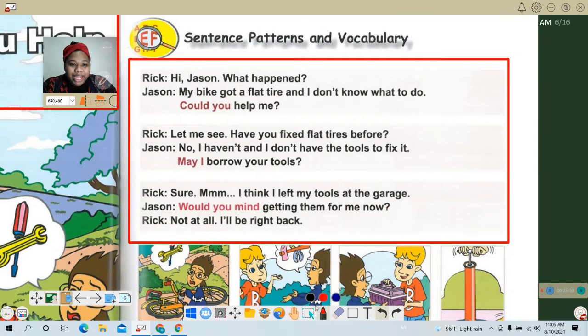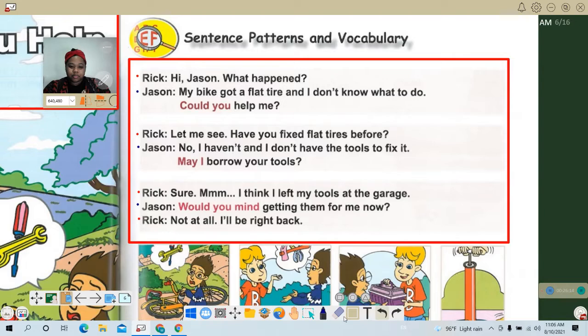Everybody, you will read Rick, and I will read Jason. Ready? 1, 2, 3. Turn on your microphone and start. Hi, Jason.